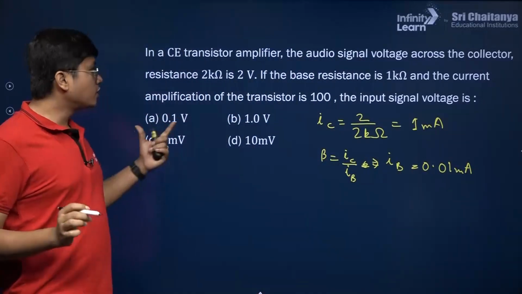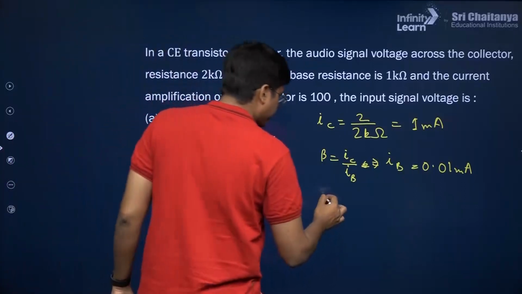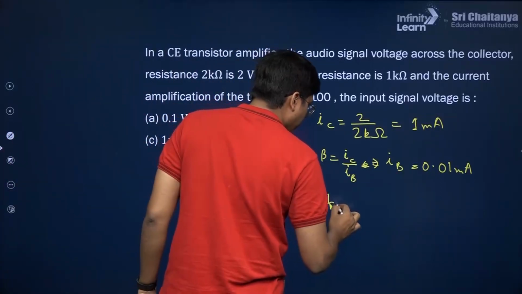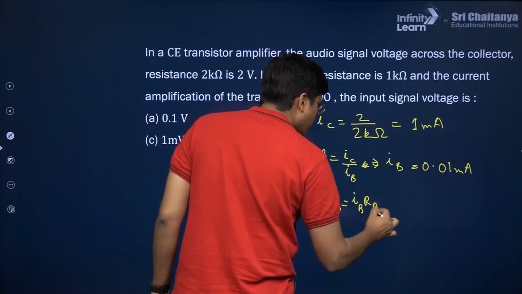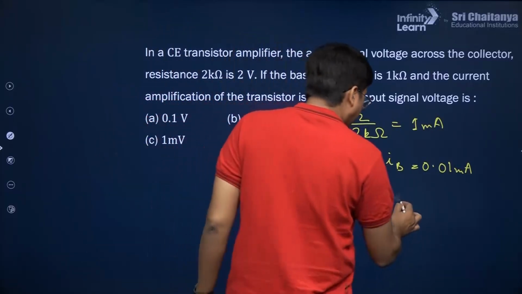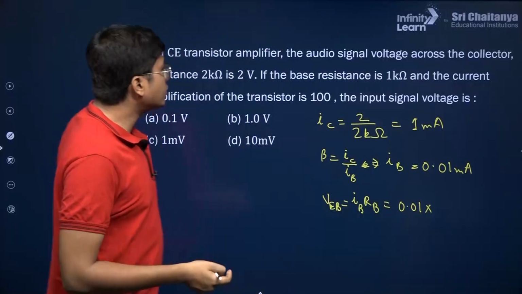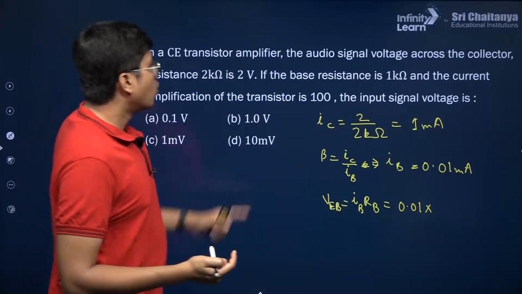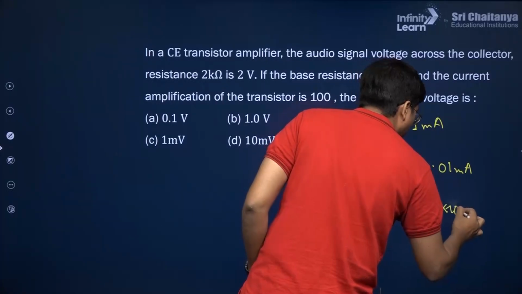Now, since you want the input signal voltage, VEB is just going to be IB into RB. So base current we have found 0.01 milliampere multiplied with what is the resistance of the base? Resistance of the base is 1 kilo ohm. So it's 10 to the power 1 into 10 to the power 3.